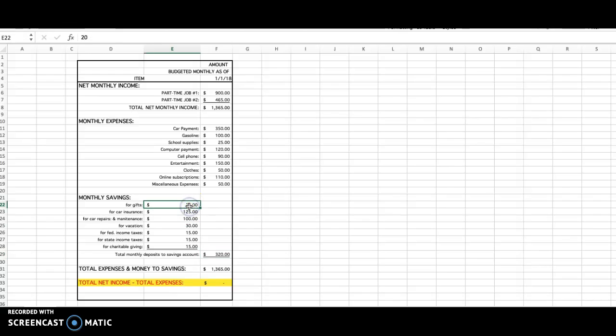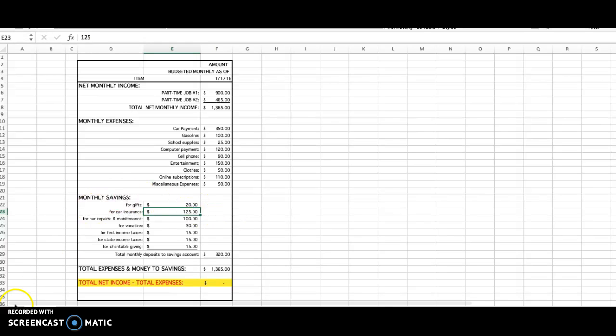That's E22, that's this number, and it adds all of these numbers through E28, giving you 320. So if I change any one of these numbers from 20, for example, to 200, you see that the total changes automatically, which is a very handy feature of the Excel spreadsheet. So that's some basic information you need to know about Excel.